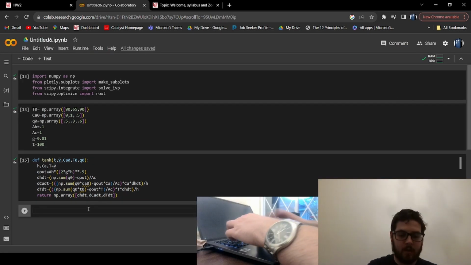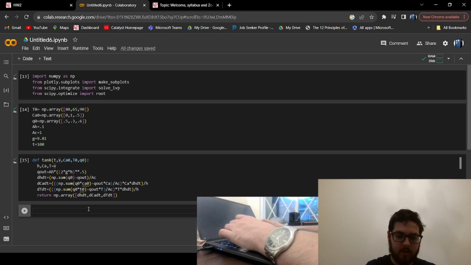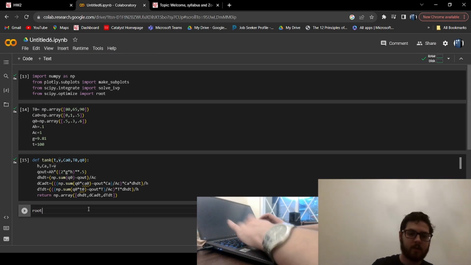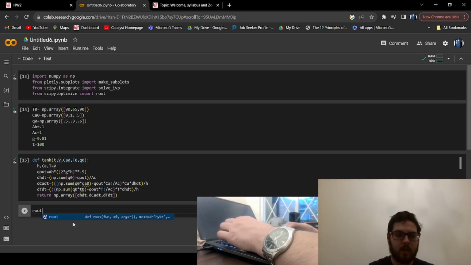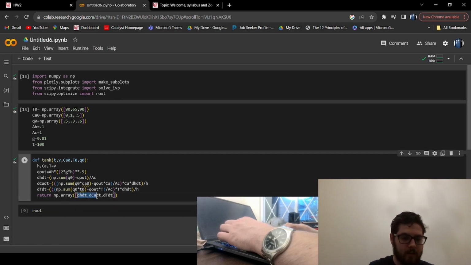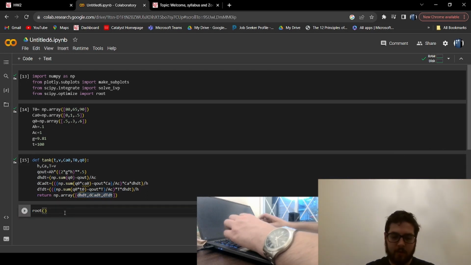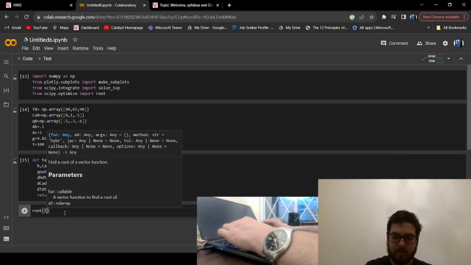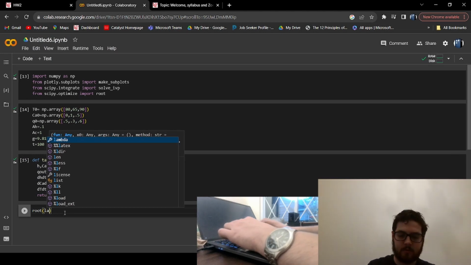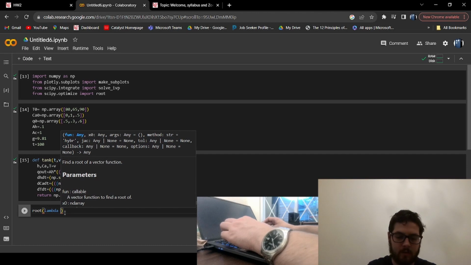So the next thing we're going to need to do is solve this with root. And this root's going to find where all three of these converge to 0. And with that, we're going to want to do an anonymous lambda function, because you don't want to just create a whole new function for this.